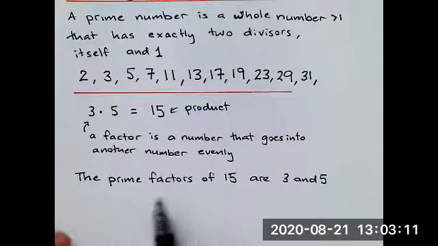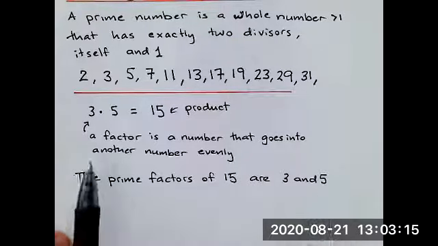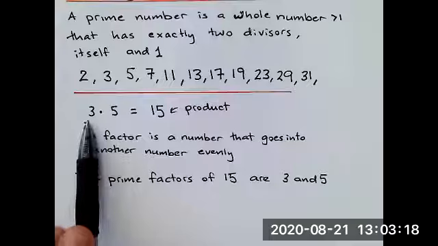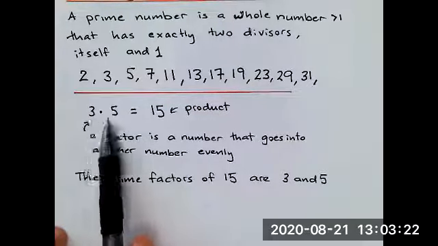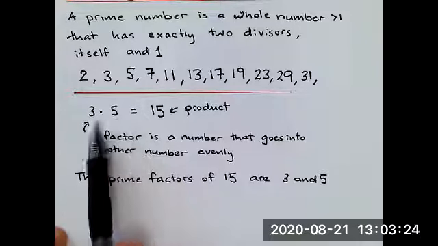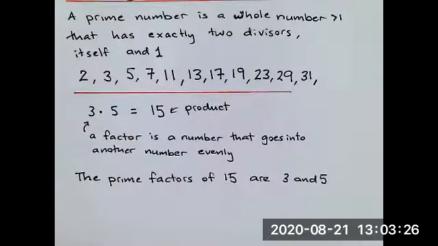So you would say the prime factors of 15 are 3 and 5. Or you can also call this the prime factorization, which is just writing out a number as a product of its prime factors.